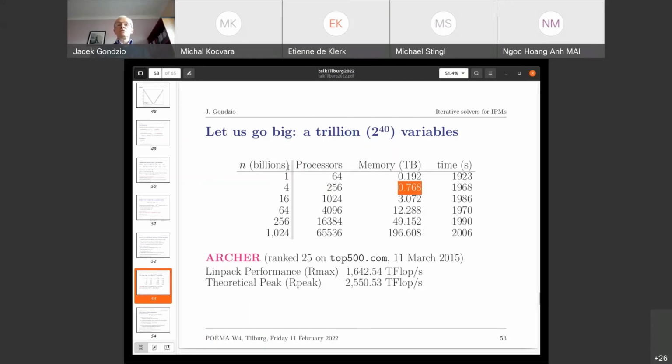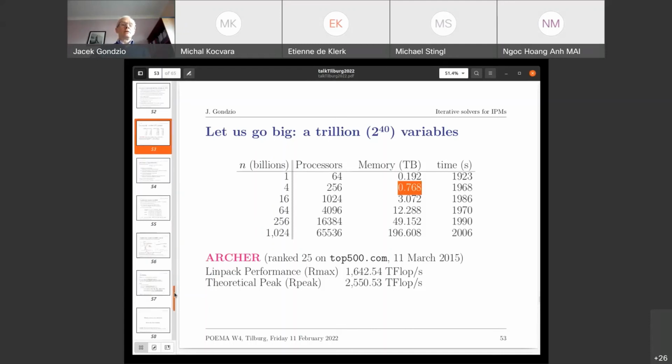Whether you solve a larger problem or smaller problem, under the condition of having enough processors, you can solve all of them in about 2000 seconds. But this was a kind of academic example, just pushing the size of the problem to ridiculous dimensions of 2 power 40.